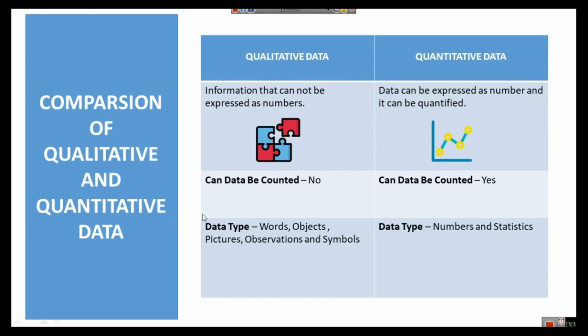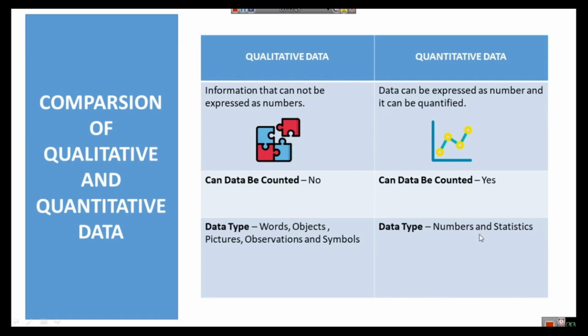Hence, can data be counted? The answer in case of qualitative data is no. In case of quantitative data, can data be counted? The answer is yes. Some examples of qualitative data are words, objects, pictures, observations, and symbols. And in case of quantitative data, we have numbers and statistics.